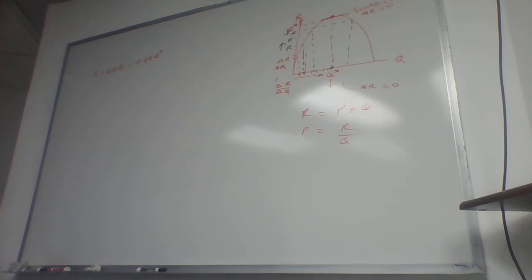Start from A, please. A is your price equation. Your price equation, or inverse demand equation, is P equals 50 minus 0.05 Q.